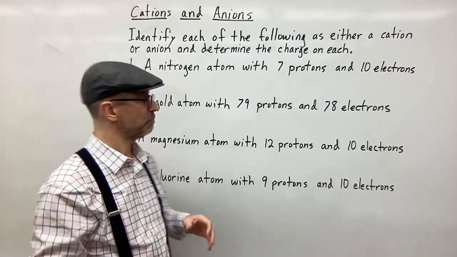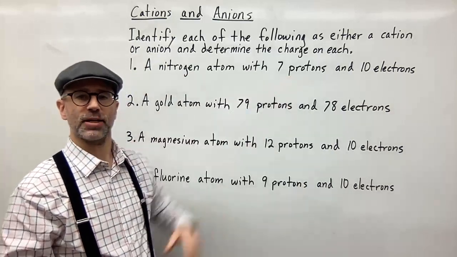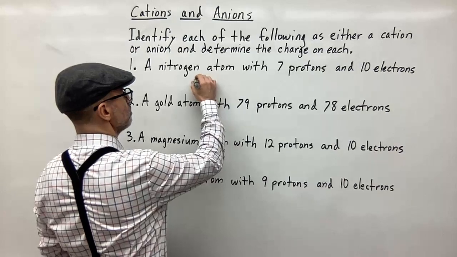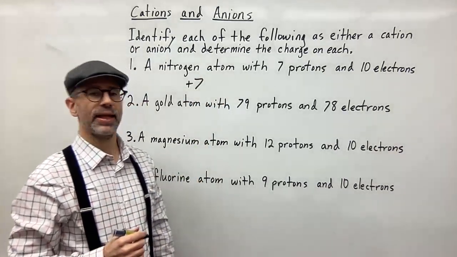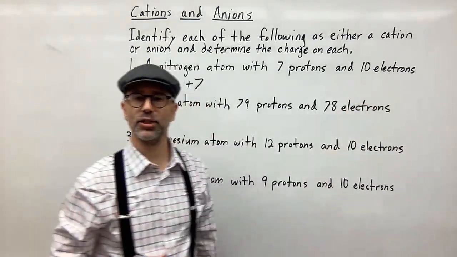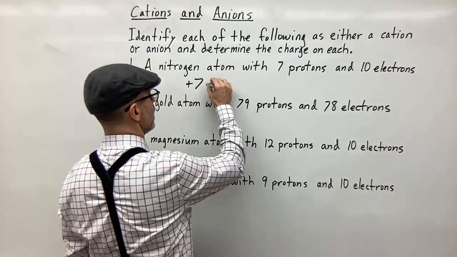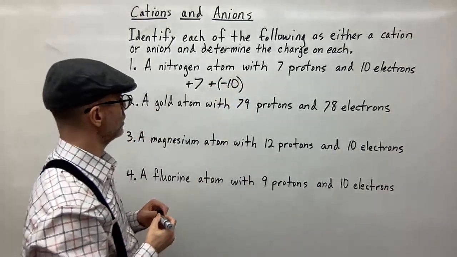So here we go. Nitrogen has 7 protons, so that's 7 pluses, so you have a plus 7, and then you have 10 electrons. Each electron is negative, so we're going to add 10 negatives.